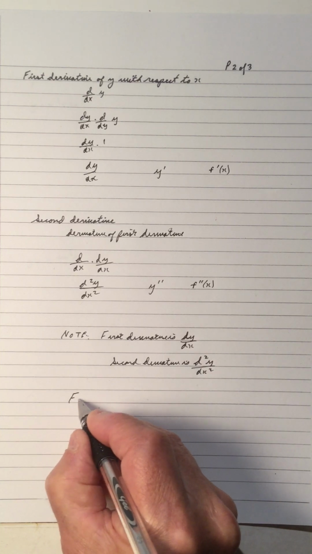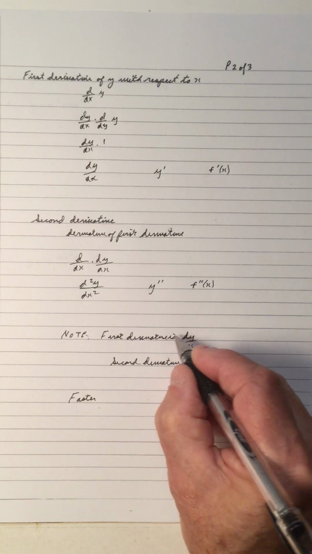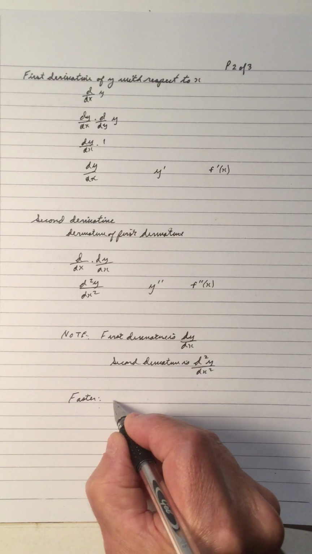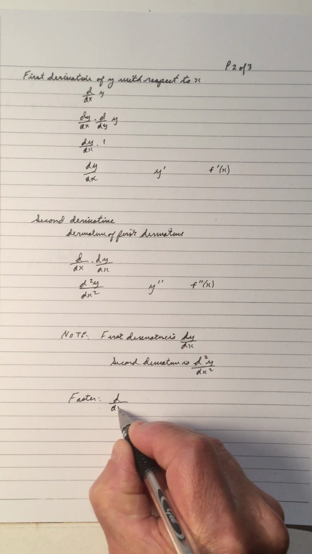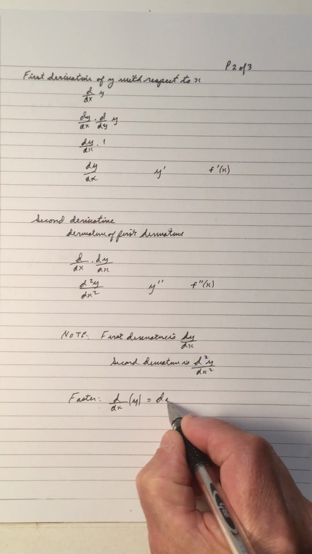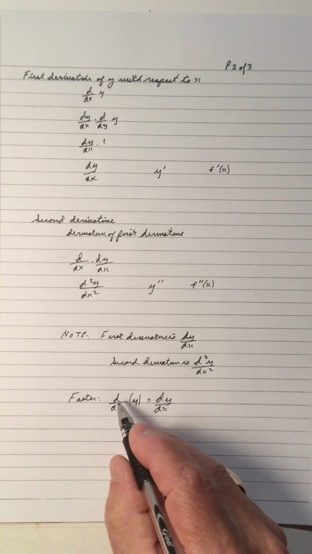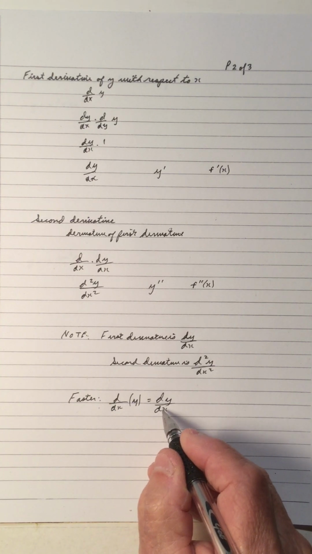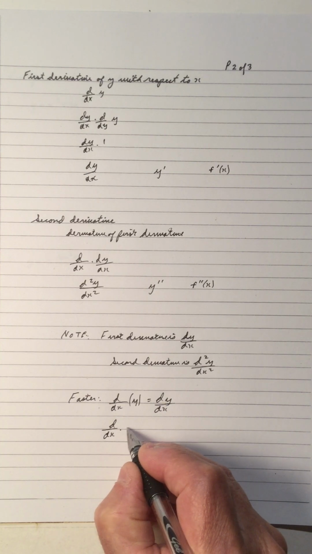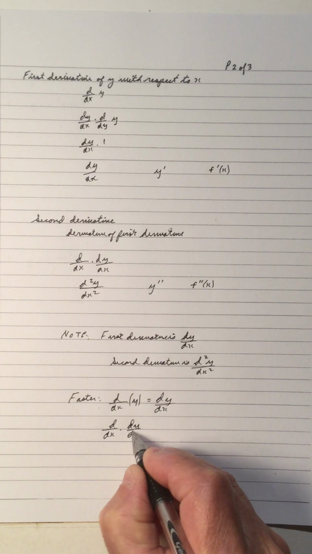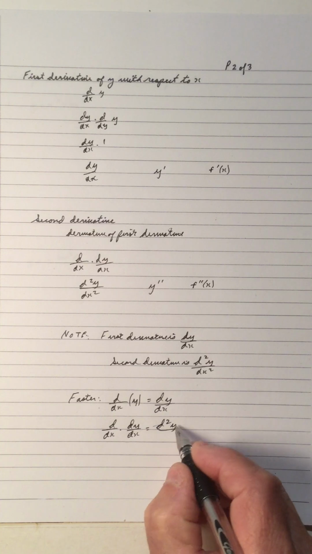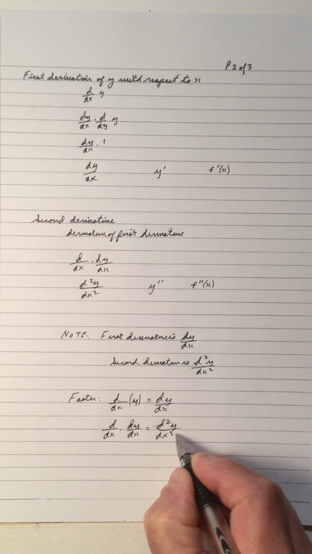But rather than go through all this every time, the faster way is to do d/dx on y, which is dy/dx, and d/dx on the first derivative dy/dx, which is, again, d squared y over dx squared.